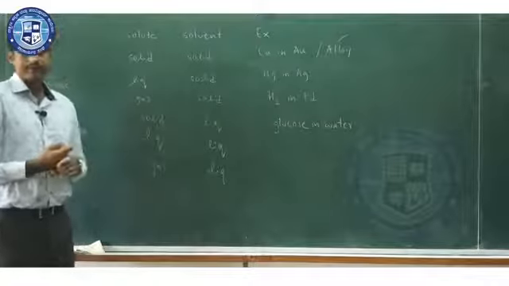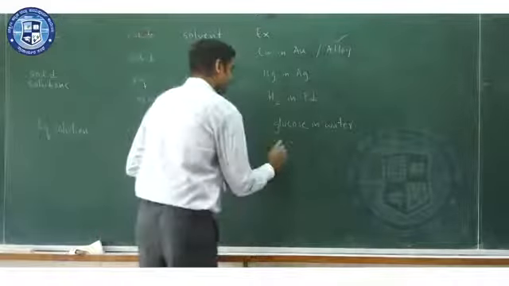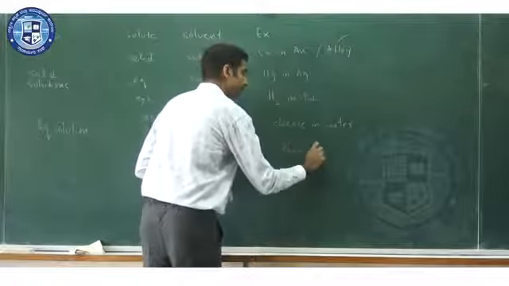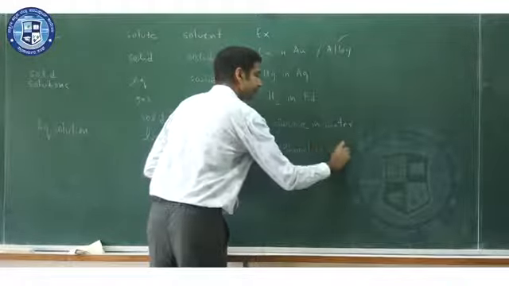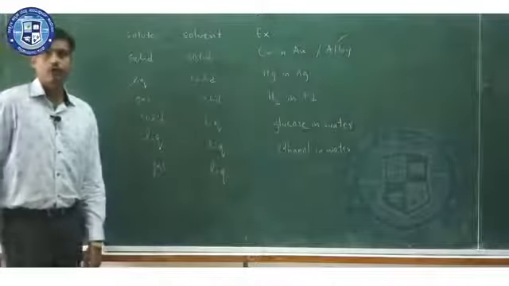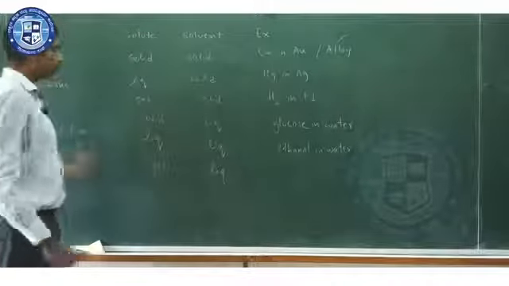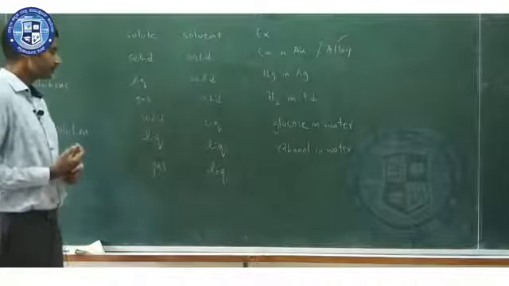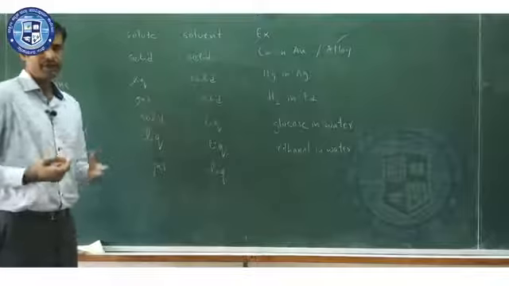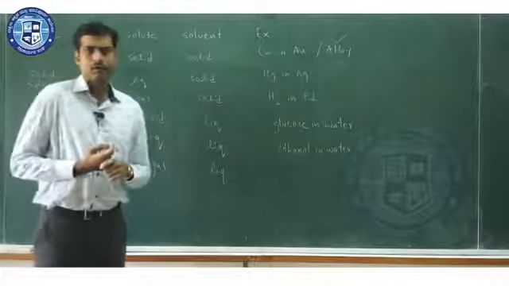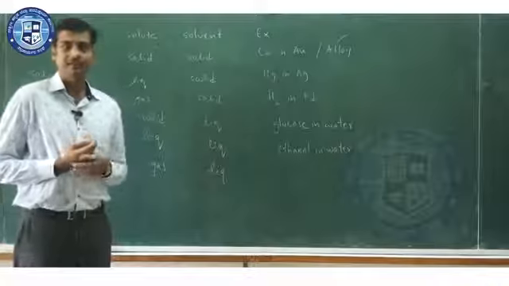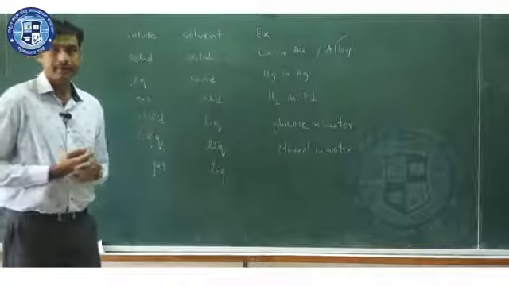Liquid in a liquid. Ethyl alcohol, ethanol in water, it will form a perfectly miscible solution. Under liquid solution you can place this. Gas is dissolved in a liquid. So I have water consisting of dissolved oxygen, and this is the basis for aquatic life.